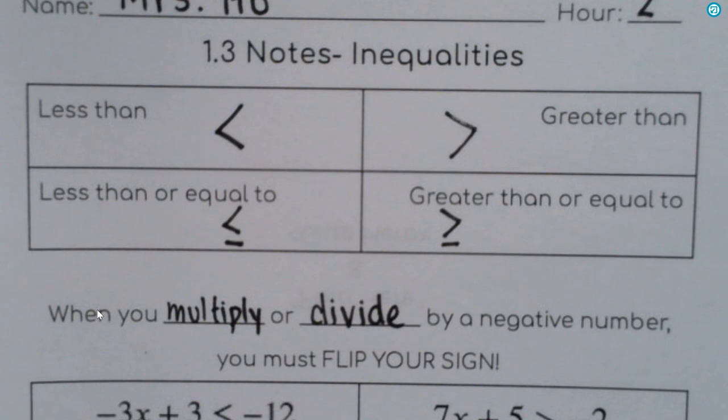So if it was less than, it becomes greater than. If it was greater than, it becomes less than. If it was less than or equal to, it would go greater than or equal to. If it's greater than or equal to, it would go less than or equal to. So it just goes back and forth with those. Okay, so that's the new rule right there.